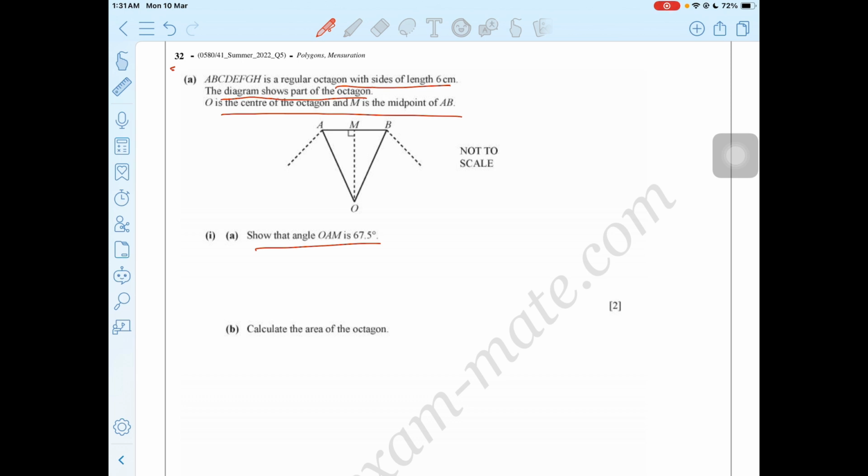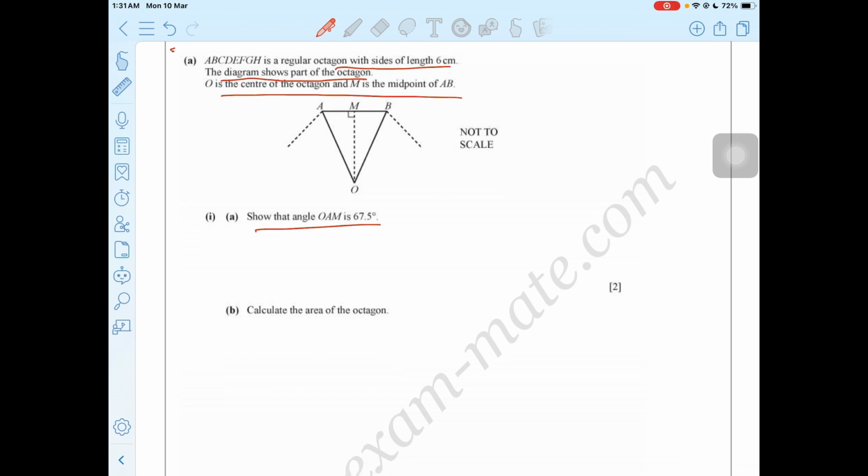So when we have, let's just quickly calculate the inner angles, right? If we calculate the inner angles, what do we get? So this is n minus 2 multiplied by 180, and then this is divided by n.